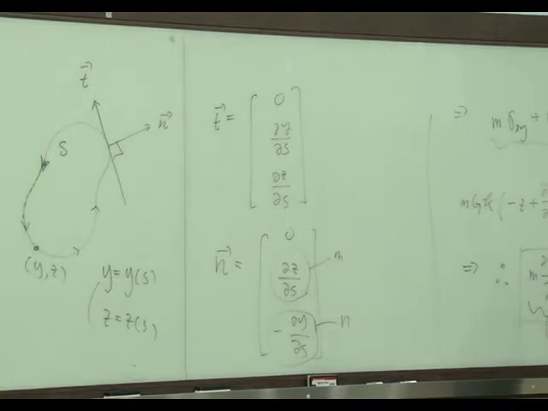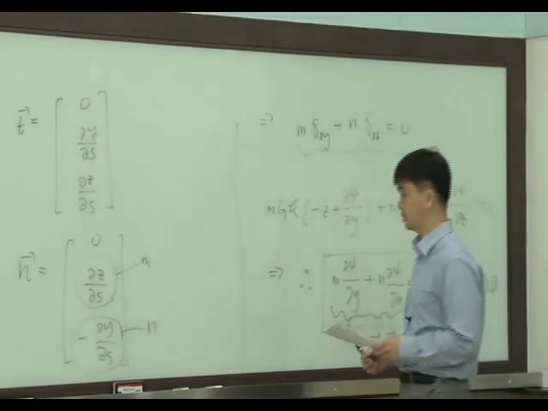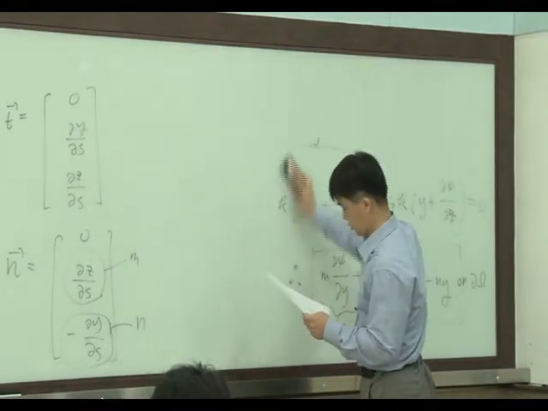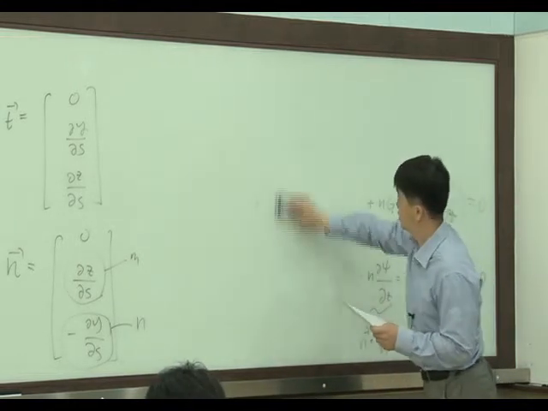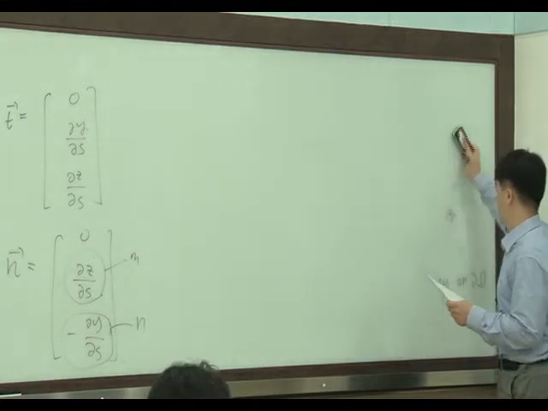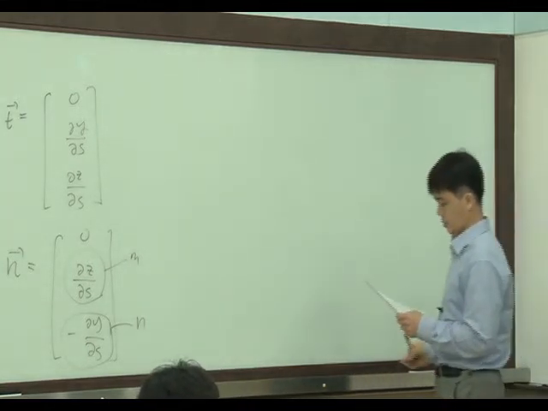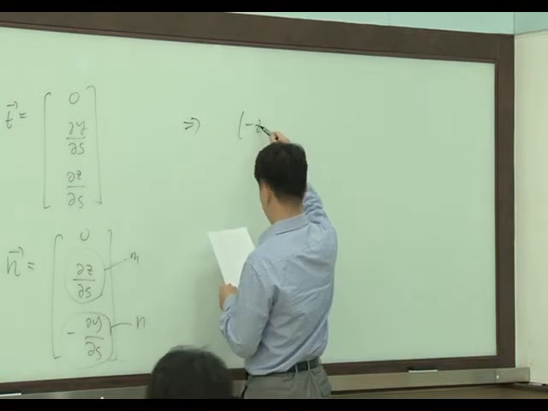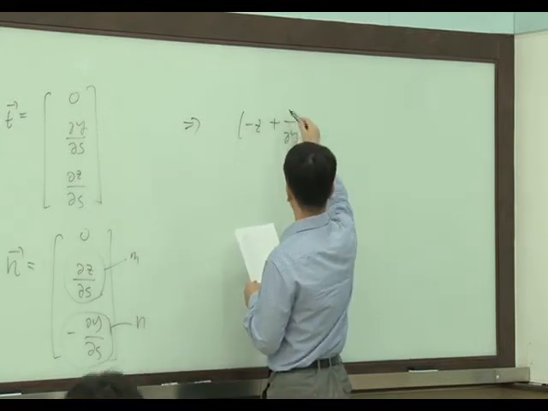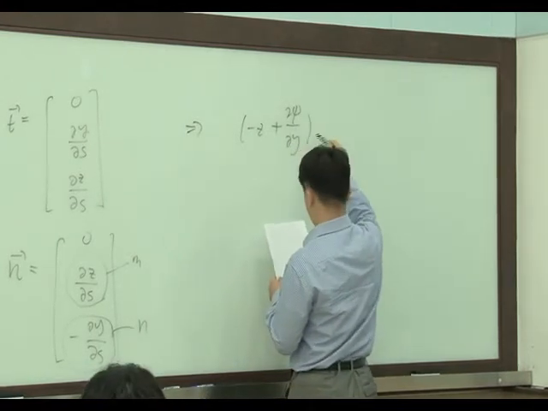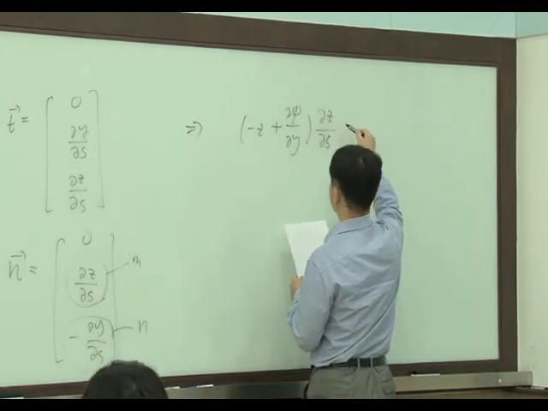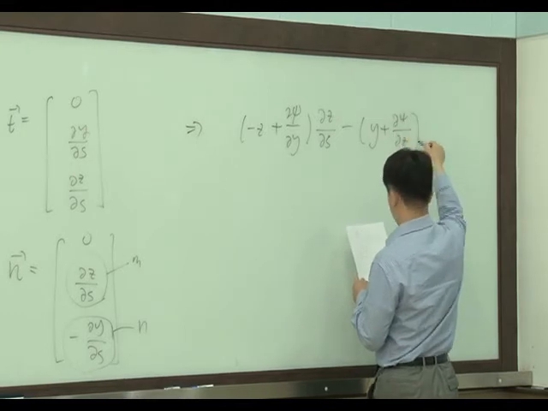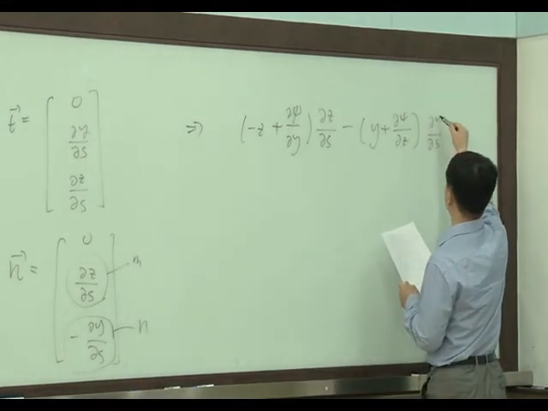So we can calculate m and n in this way. Then the second equilibrium equation changes a little bit: the derivative terms times dz/ds minus y, plus the other derivative terms times dy/ds, equal 0.